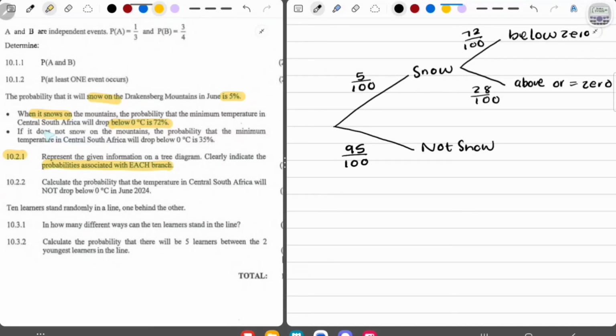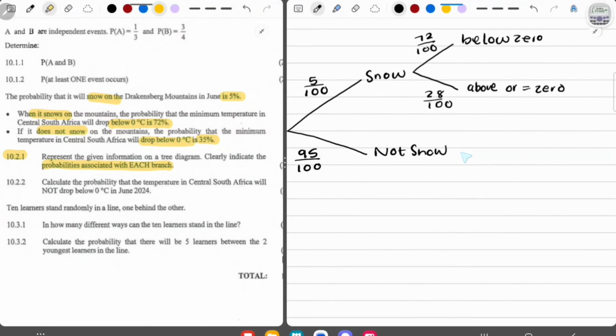If it does not snow on the mountains, the probability that the minimum temperature in central South Africa will drop below 0 is 35%. So this is in the column of it will not snow. The probability that it's going to drop below 0 is 35 over 100.